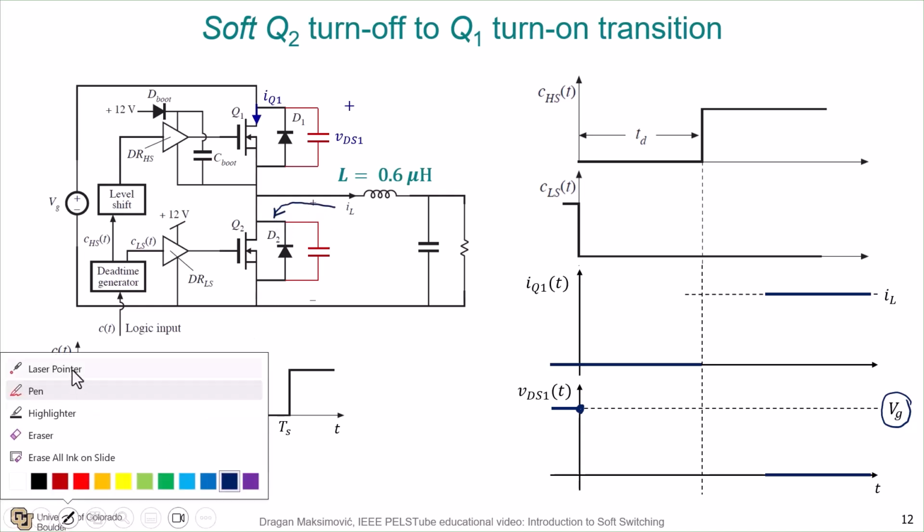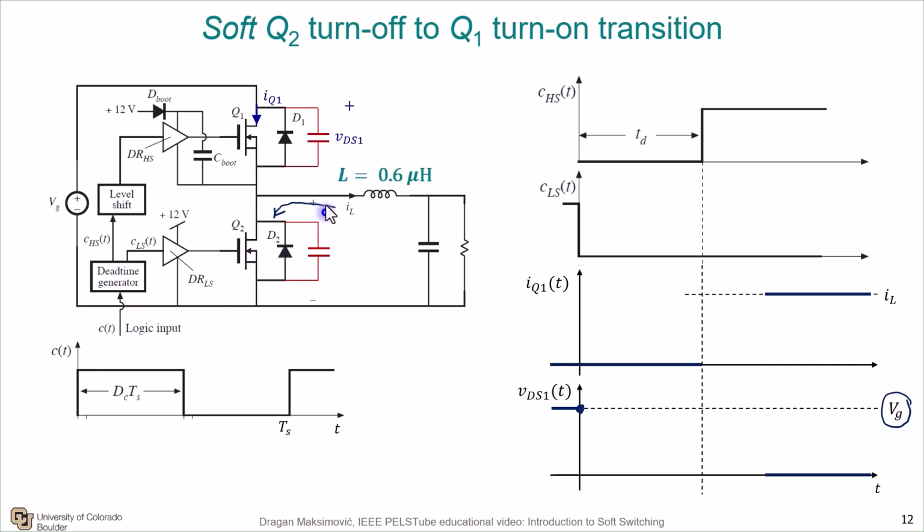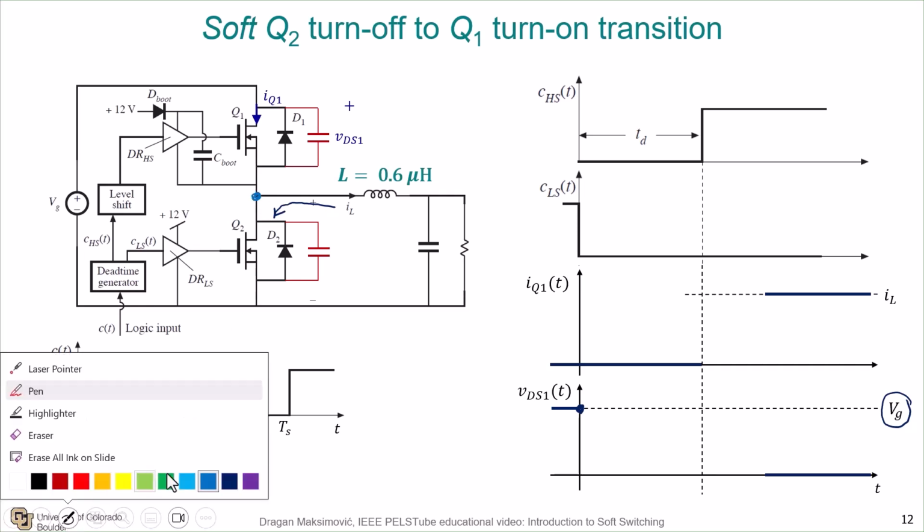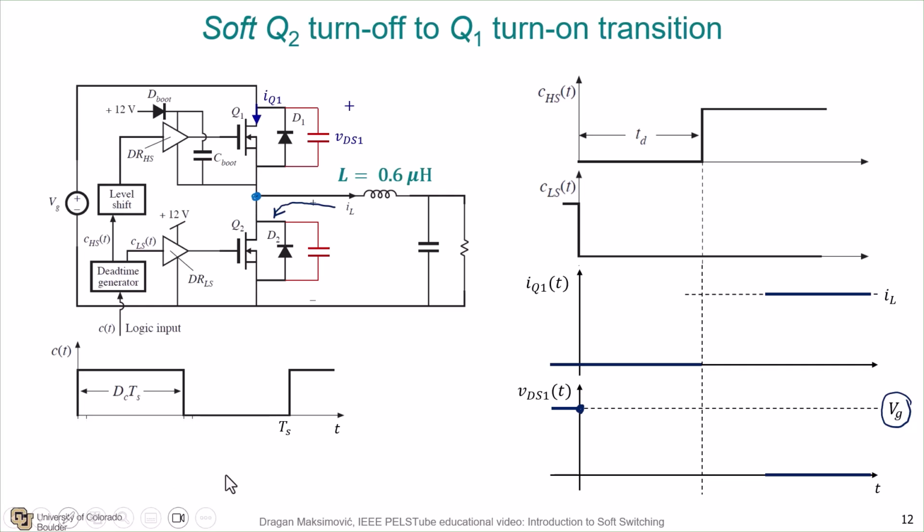So instead of having the current communicating to the body diode, that current that is now negative through the inductor can charge up the capacitance at the switch node and result in a voltage transition that is resonant in nature. So that voltage transition is going to look something like this. We have a resonant transition here until we get to the point where the voltage across Q1 drops to 0 and the body diode D1 of Q1 starts conducting.